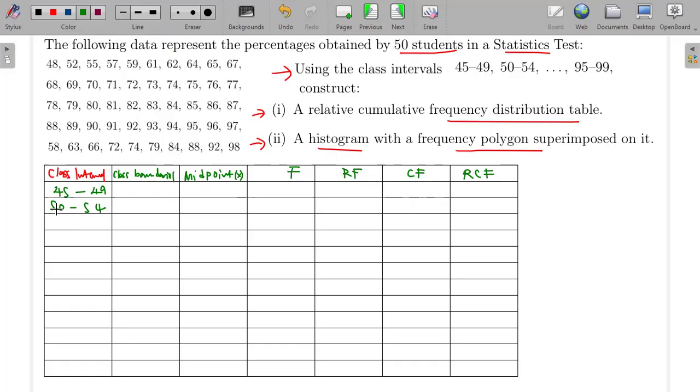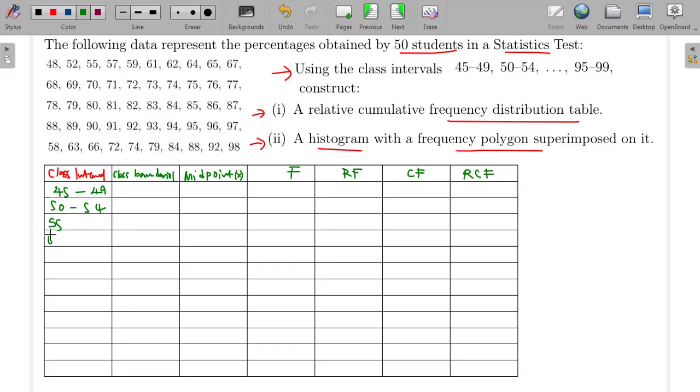Okay, so from these two class intervals, we can determine what our width is. So from the 45 to the 50, what is happening there? They're just adding a 5. So meaning in the next row I'm going to have a 55.